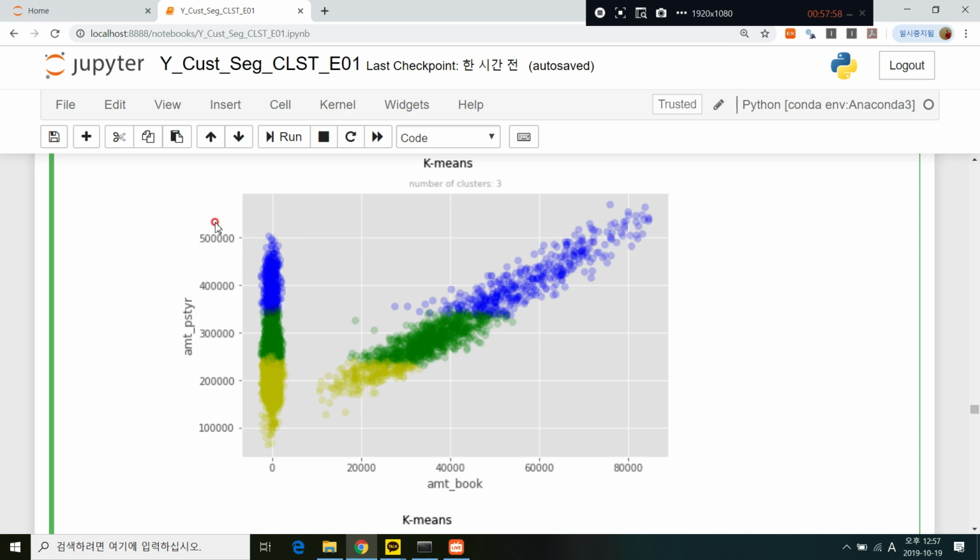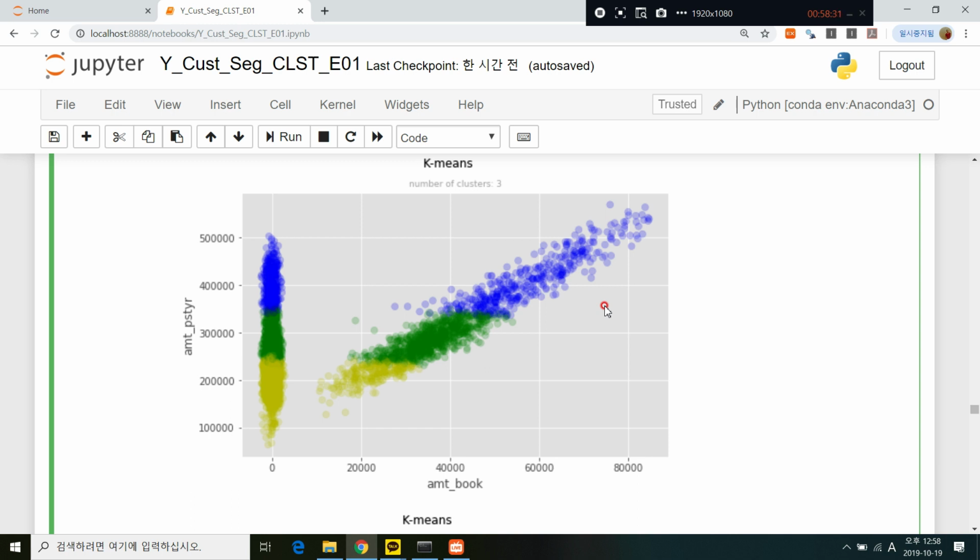When the value of amount past year is big, they almost always belong to the stronger blue group, the big buck group. What does this mean? Maybe we can find out from this pattern.